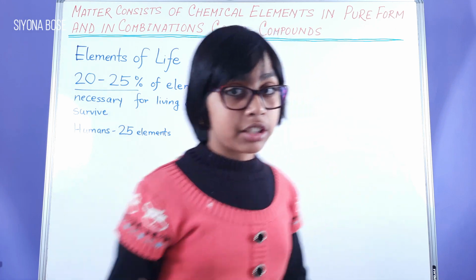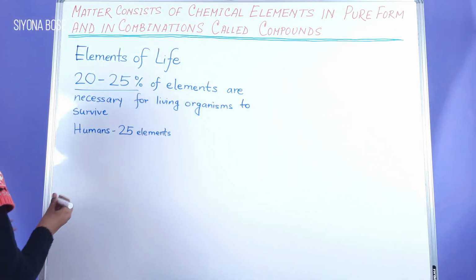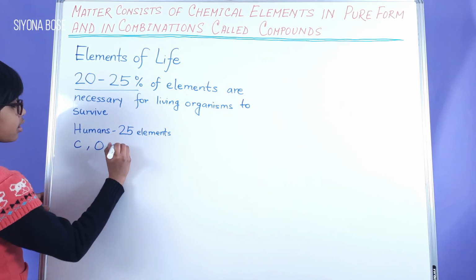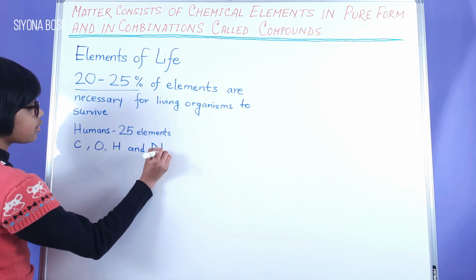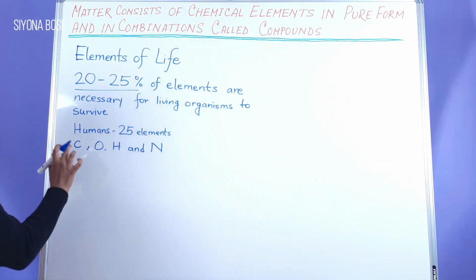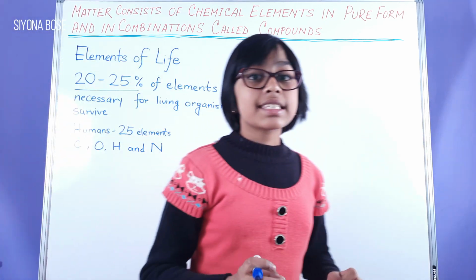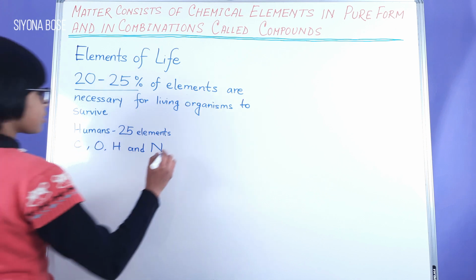Now, talking about humans, the four main elements are carbon, oxygen, hydrogen, and nitrogen. Carbon, oxygen, hydrogen, and nitrogen make up approximately 96% of the body mass.